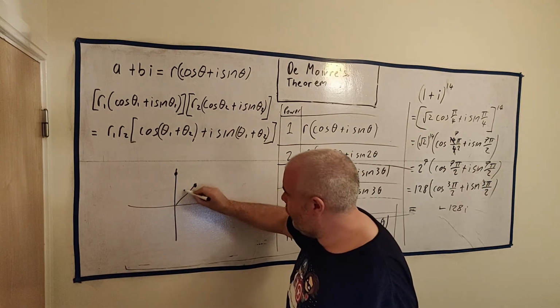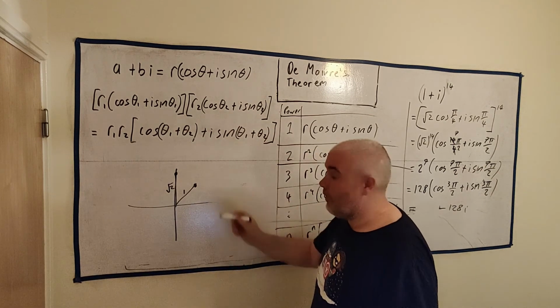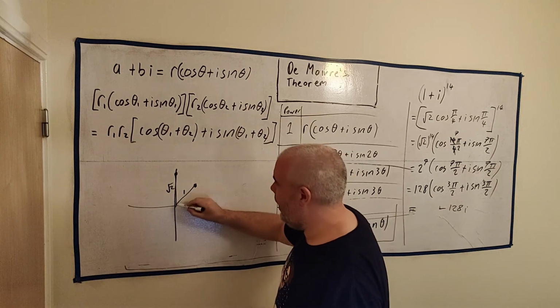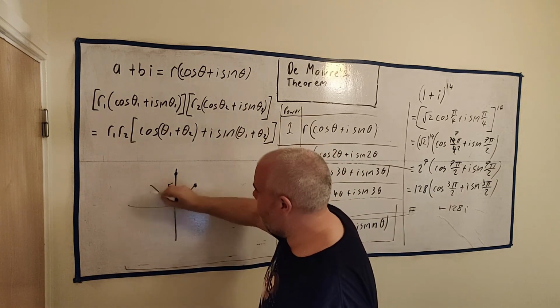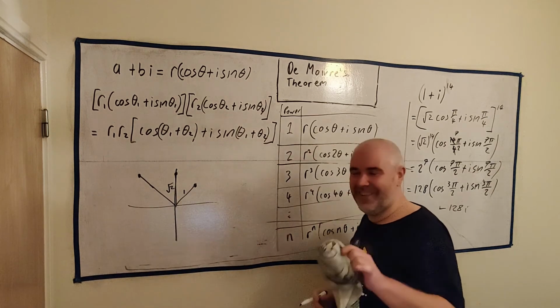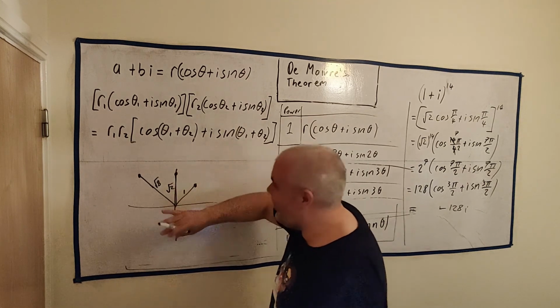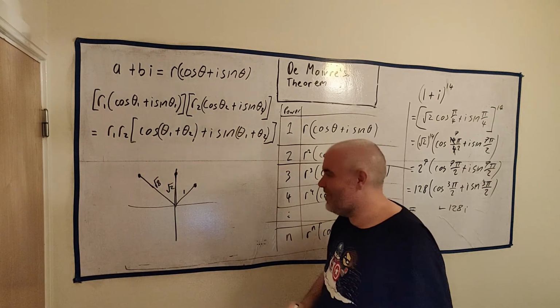This guy is 1 long. This is actually square root of 2 long. If we multiply by itself again, we get, I believe, over here somewhere. And this would be, I'm failing on my maths a little bit, but I think this is square root of 8. I'm not guaranteeing all these from this point.